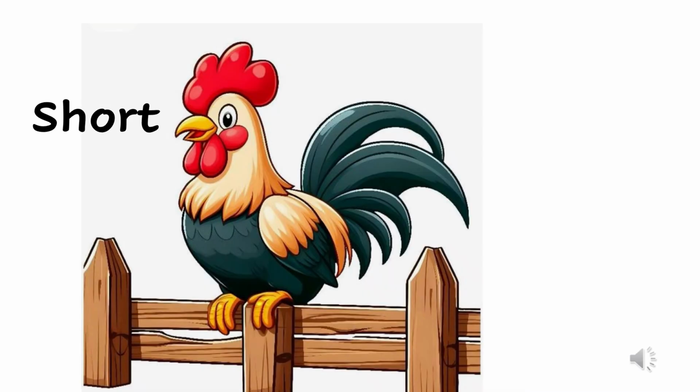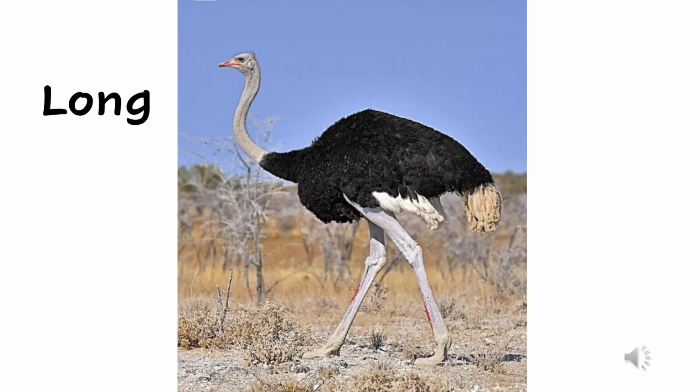It's a lovely rooster. Its neck is short. Look, this is an ostrich. Look at its neck and look at its legs. It has a long neck and it has long legs.